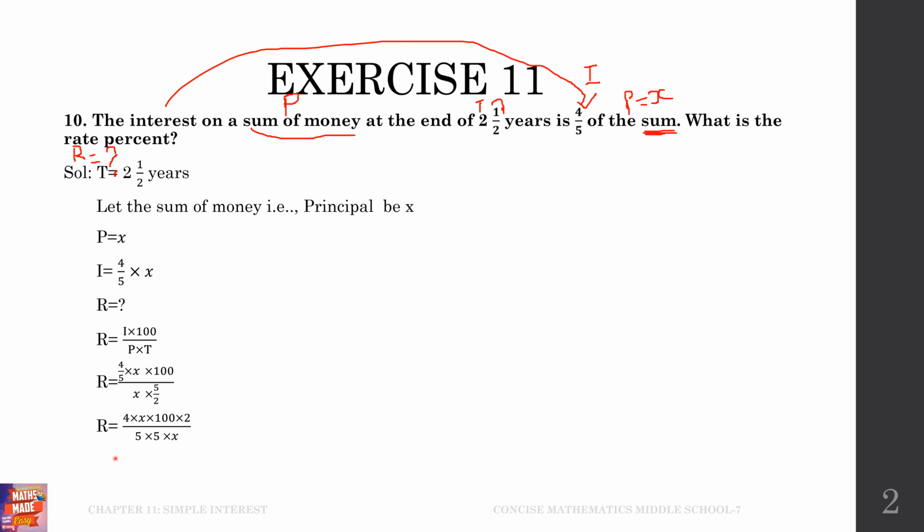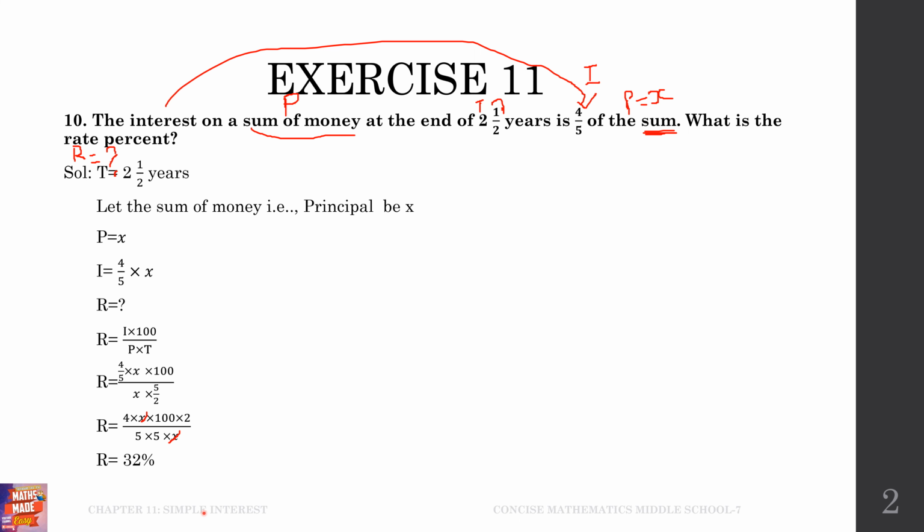So when you do it, you will get this one, because for a fraction you need to take the reciprocal. And here x and x get cancelled, and if you cancel the remaining numbers, you will get r is equal to 32%.